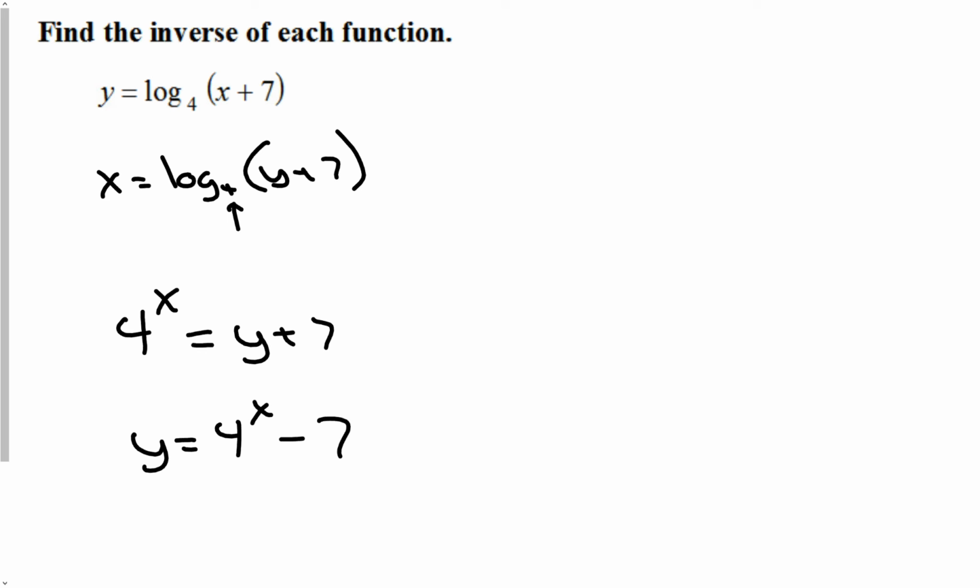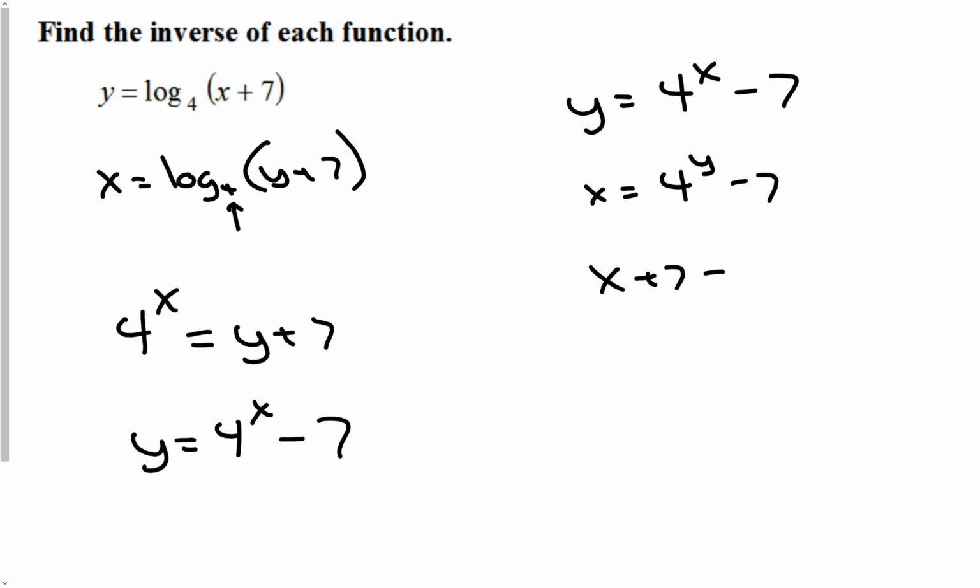Okay? And we could go back the other way by switching x and y, isolating this term, and now rewriting this as a logarithm, because we would say the log base 4 of whatever this is equal to the exponent.